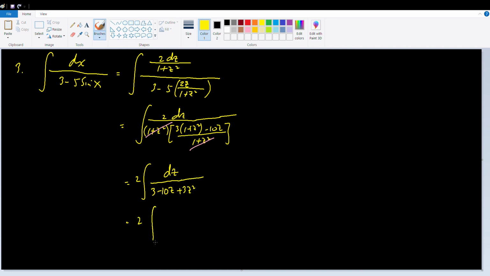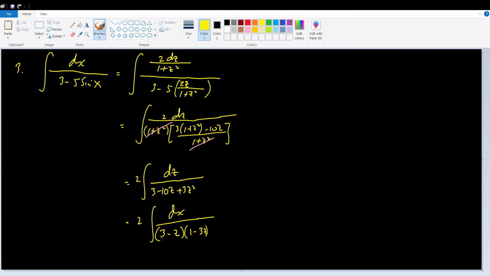And we can factor the denominator into 1 minus 3z and 3 minus z.